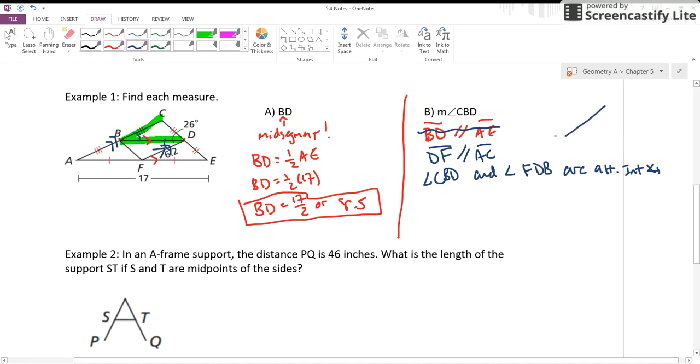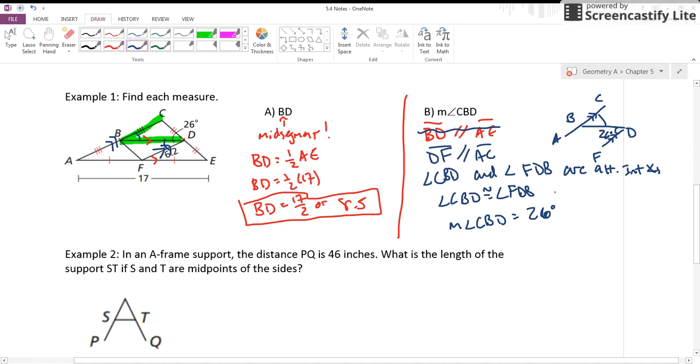Here is AC, here is FD, and here's that transversal BD. We know AC is parallel to DF, and if this is 26 degrees, then our alternate interior angles should be congruent. So angle CBD is congruent to angle FDB by the alternate interior angles theorem, therefore the measure of angle CBD is also 26 degrees.